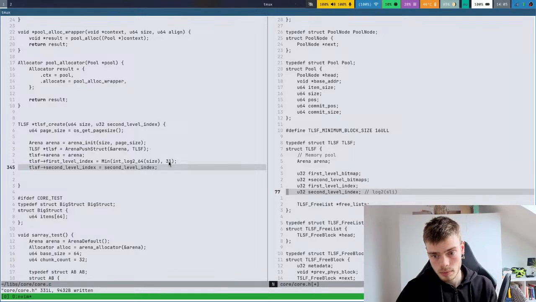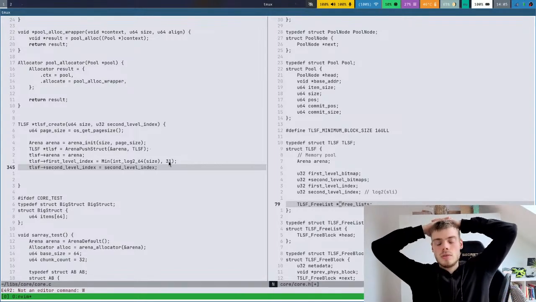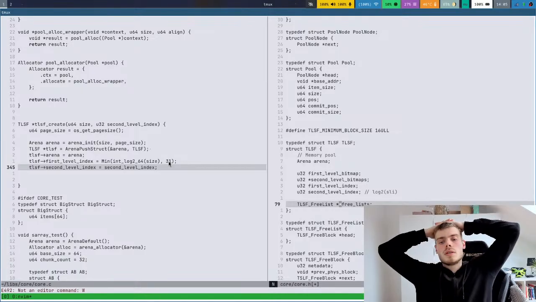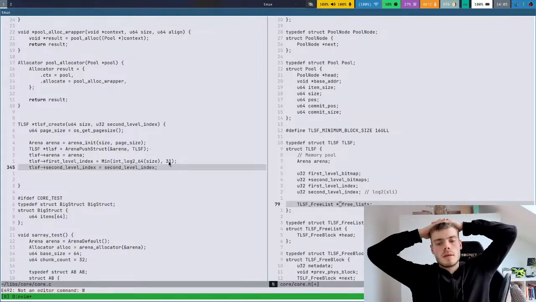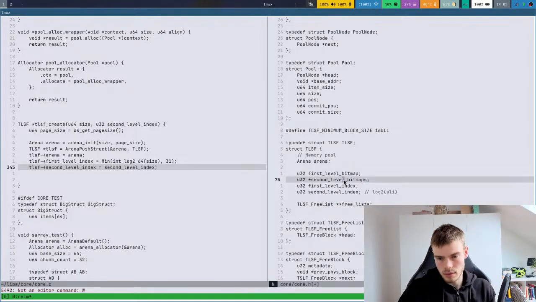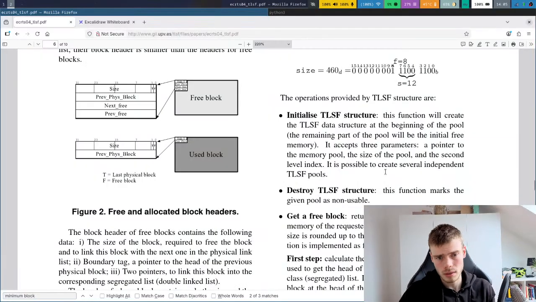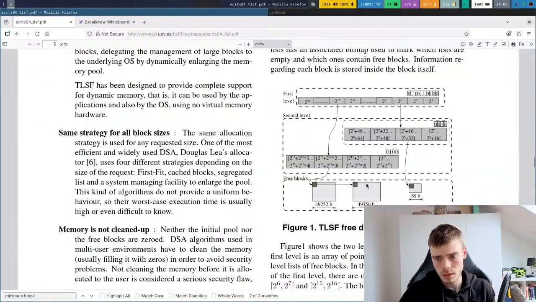Well, we need... it has to be... does the free list? No, I don't think so. Should the free list have the bitmap? Well, here it does, I guess. I don't know.